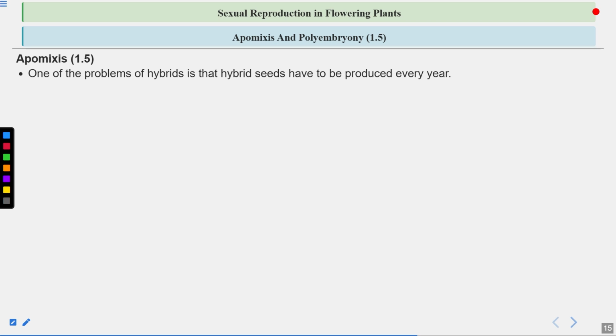One character we want is present in the wild variety, and the other, seed production, is present in the new variety, right? Now you cross them, and you get a plant that produces more seeds and also has the capacity to fight pathogens, right?